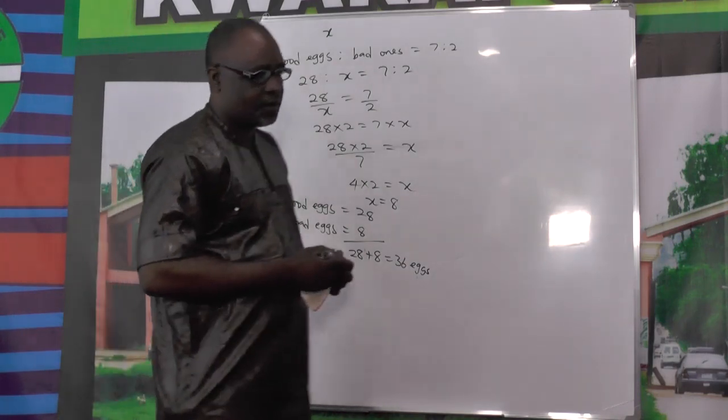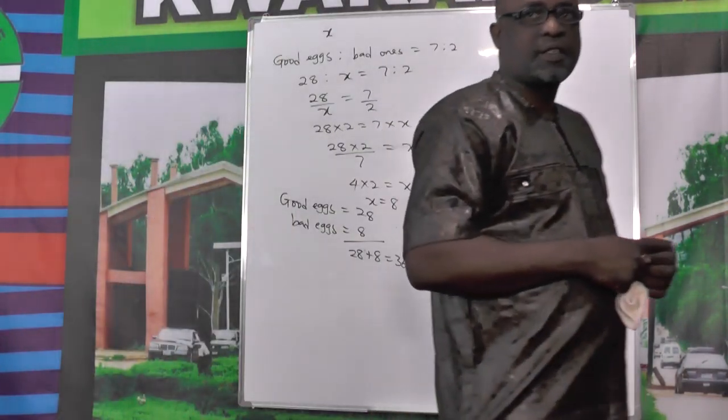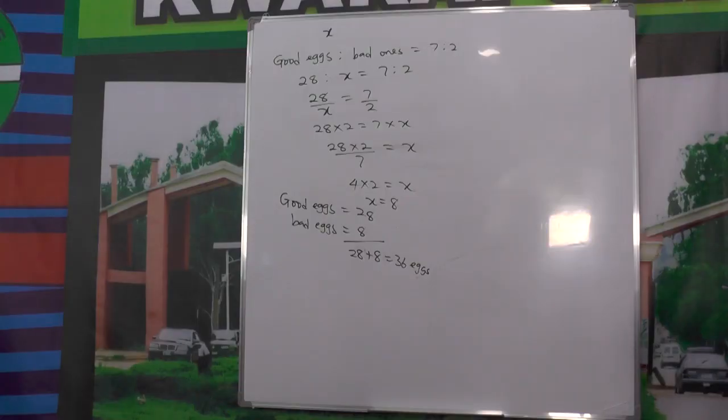So altogether, we have 36x. Now, I said something about ratio, proportion, and even rate.